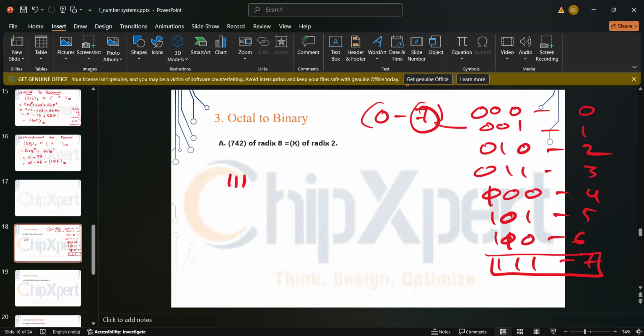And the representation of 4? 1 0 0. And of 2? 0 1 0. To convert octal to binary, we just add 3 bits for each and every digit. So this is how we are going to convert octal to binary.